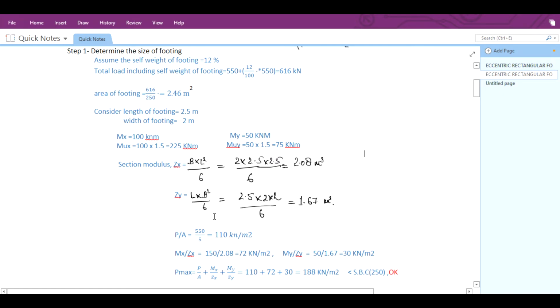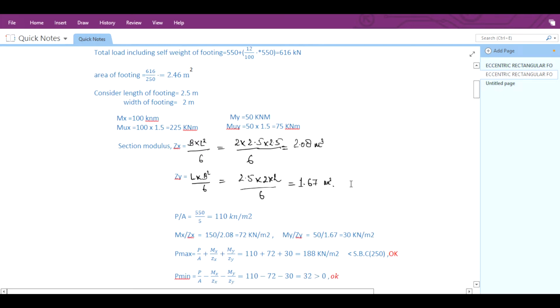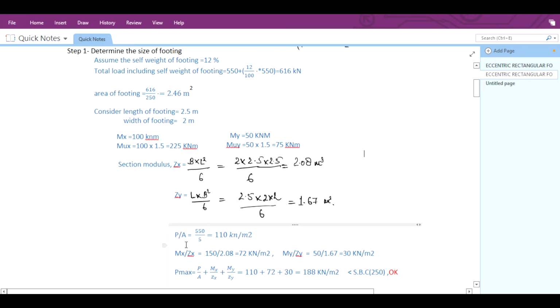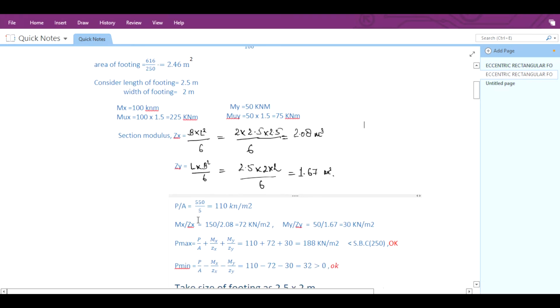It is LB square by 6, so it will come as 2.5 multiplied by 2 whole square divided by 6. It will come as 1.67. Now our P by A ratio will be service load divided by area, that is 550 by 5.